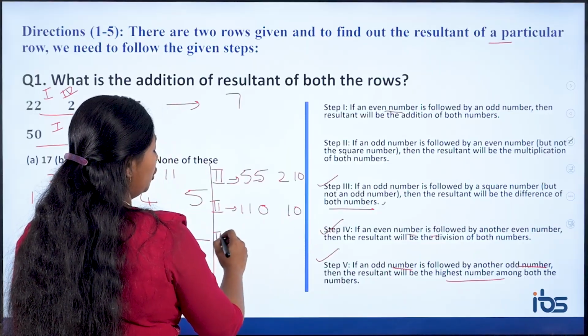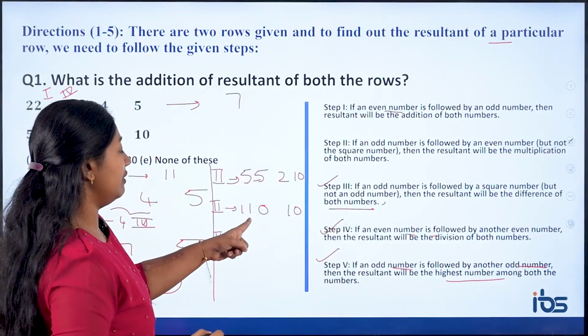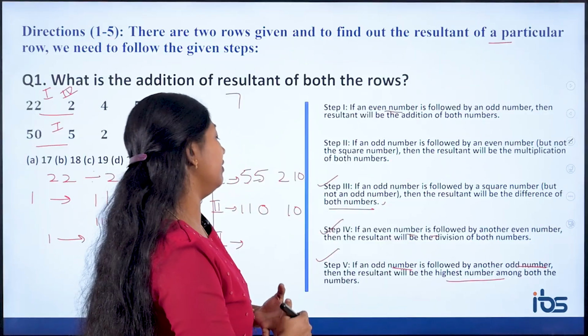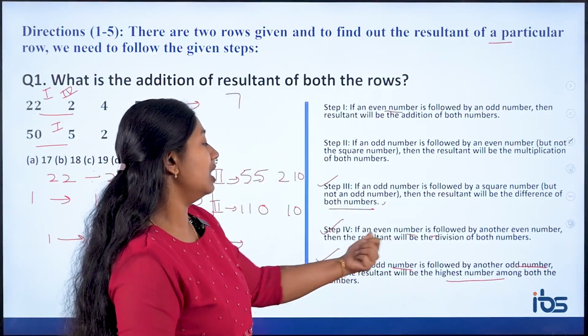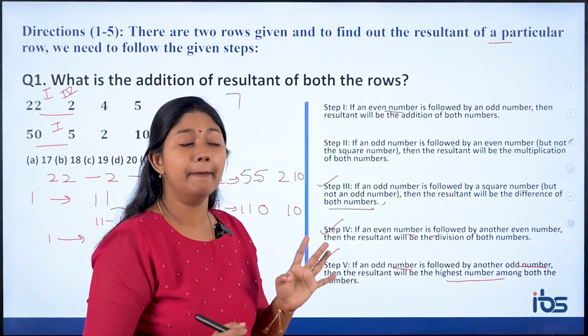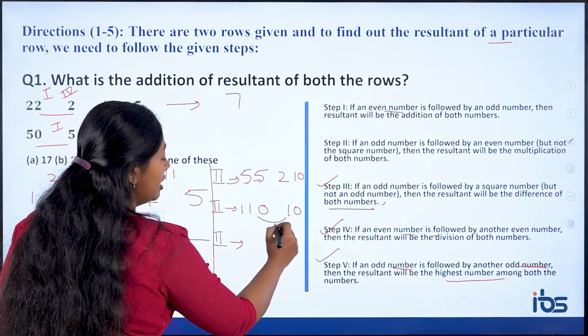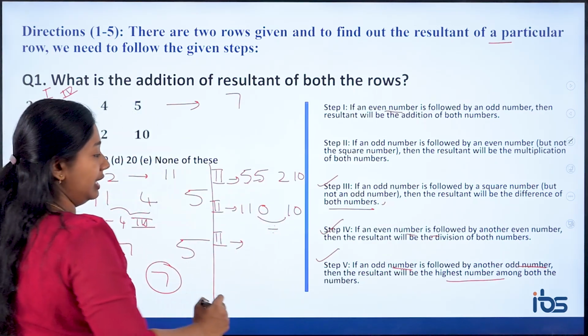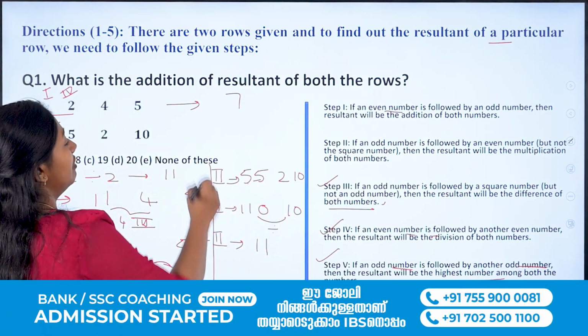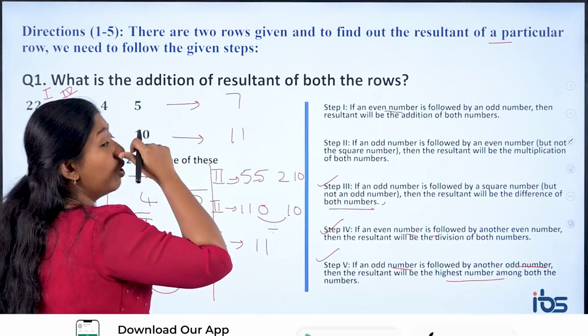Now if you do the operation again, 110 is an even number followed by another even number, so the resultant will be the division of both the numbers. You divide 110 by 10 and you will get 11. So 11 is the resultant of row 2.